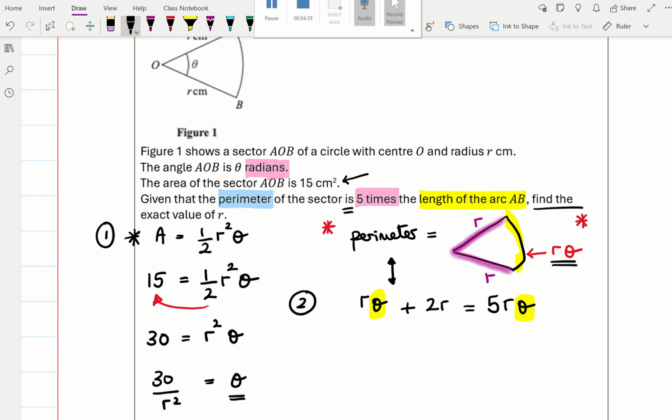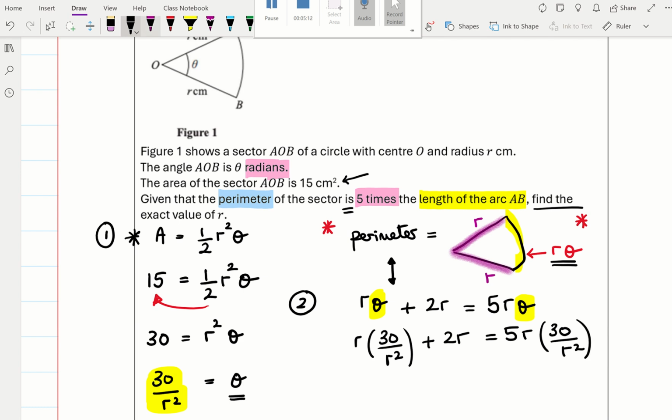Step 2 is to use this equation, and to get rid of theta, I can replace theta with 30 over r squared. So r times 30 over r squared plus 2r equals 5r times 30 over r squared.